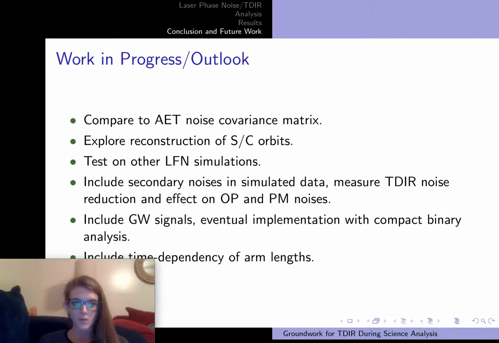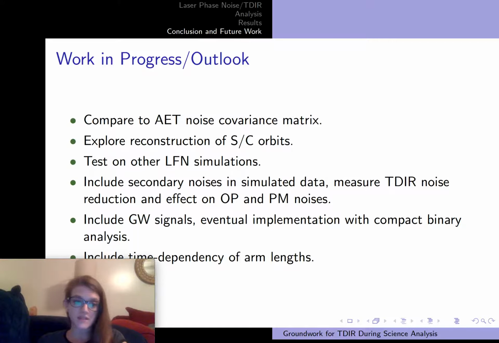We want to explore the reconstruction of the spacecraft orbits. This might be a better thing to do once second generation TDI is included, so the time dependence of the arm lengths. But I do plan on doing a prototype demonstration of reconstructing the orbits, just stepping through different steps in time with their different arm lengths and reconstructing them that way.